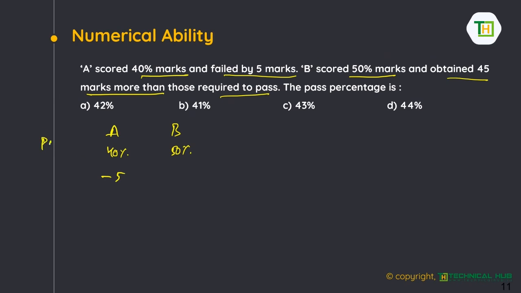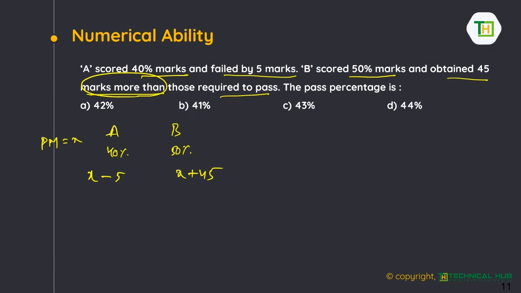Let us take pass mark is equal to X. If pass mark is X, then he got 5 marks less than the pass mark, right? Whereas coming to B, B obtained 45 marks more than the pass mark, so X plus 45.